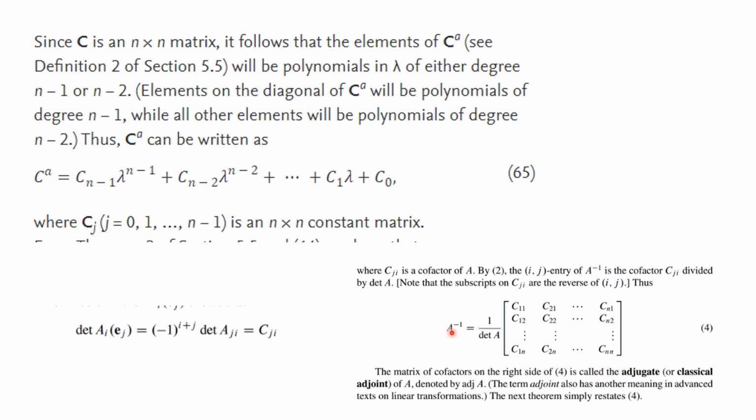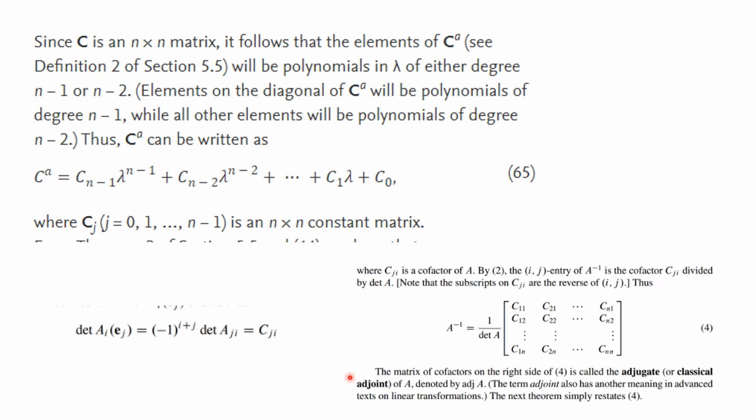Now that's the transpose, but each of these coordinates is what we called a cofactor. This is minus 1 to the i plus j times the determinant of ji, because this is the transpose.